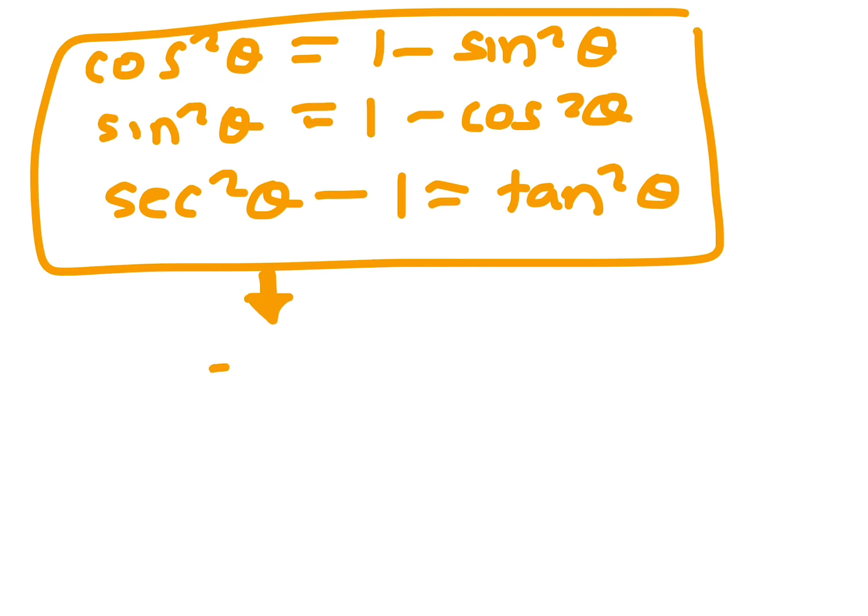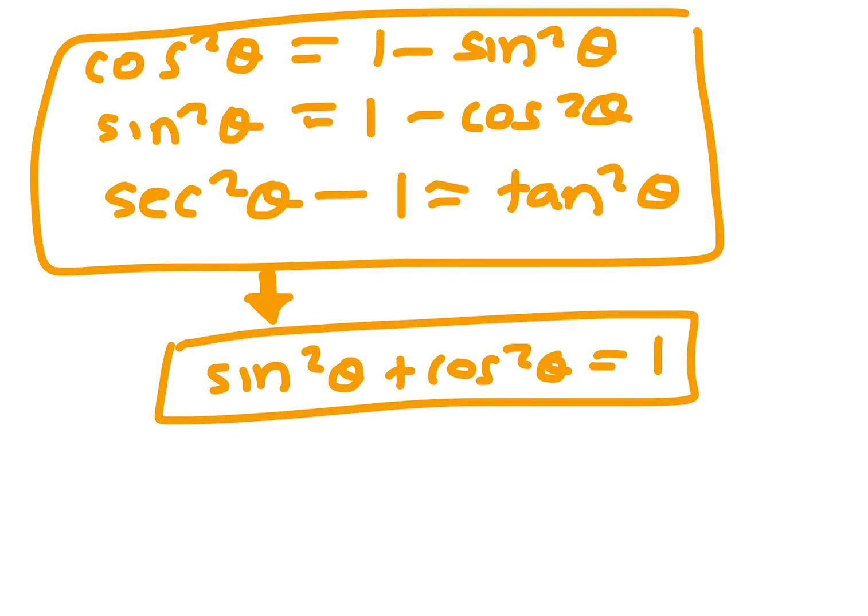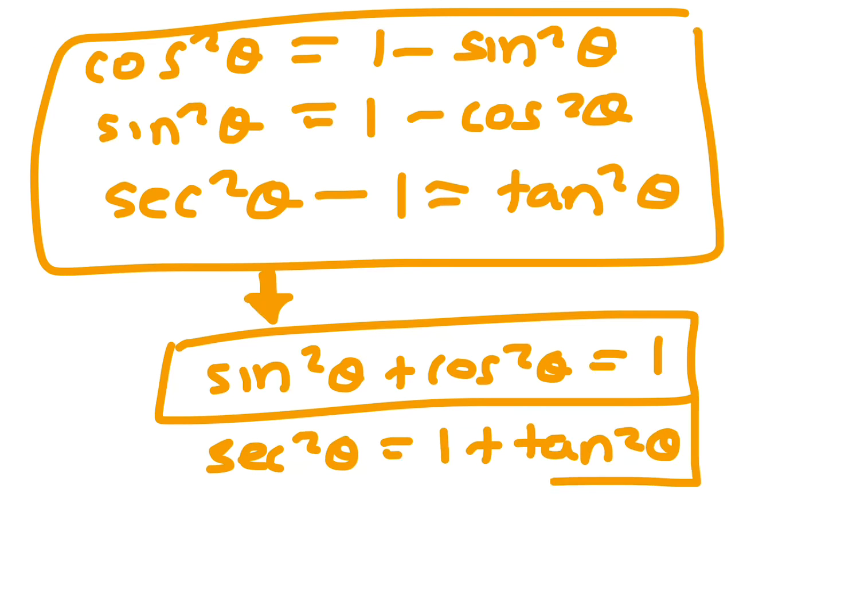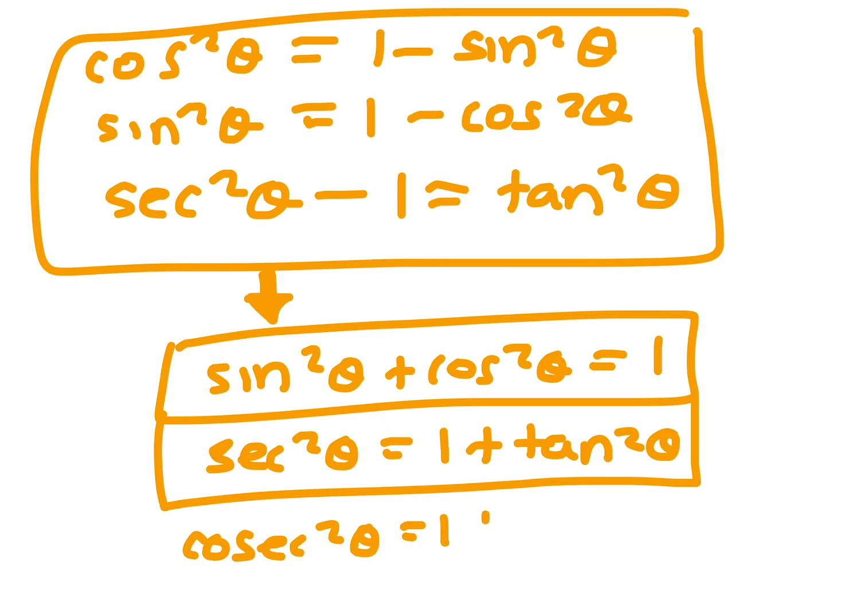Your original identity really needs to be put to memory. And then sec squared theta is just 1 plus tan squared theta, and cosec squared theta equals 1 plus cot squared theta.